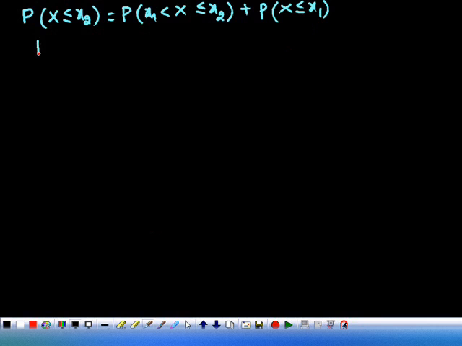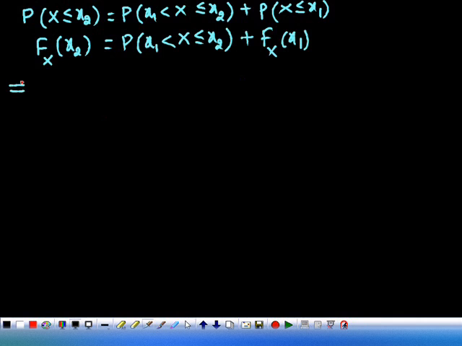So what is this value? This is Fx of x2, this is probability of x1 less than x less than or equivalent to x2, and this is Fx of x1.